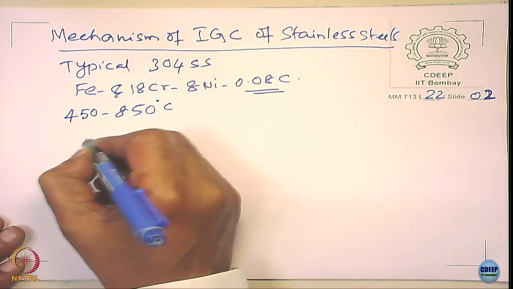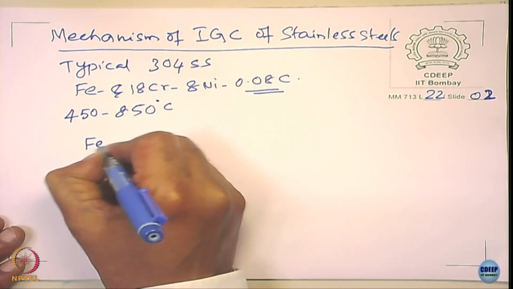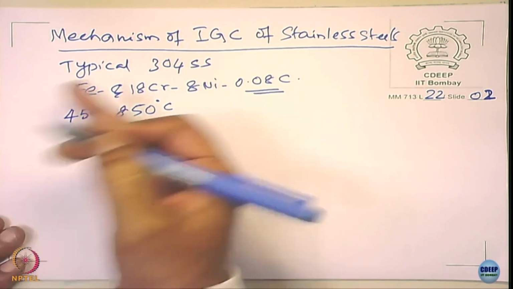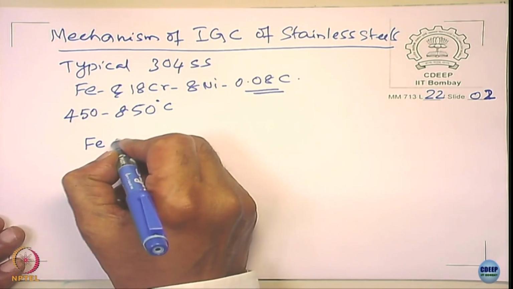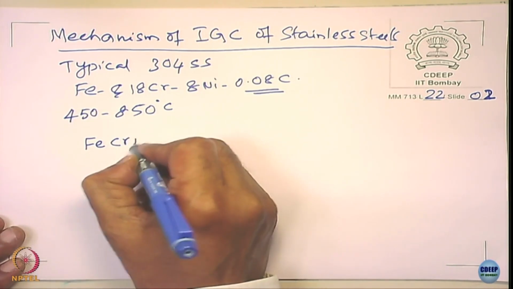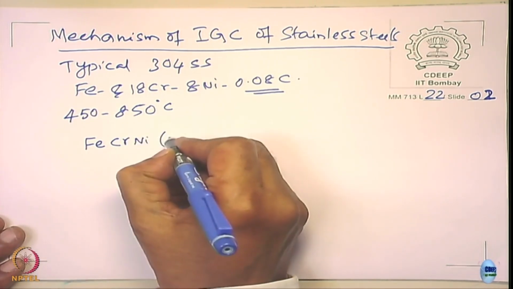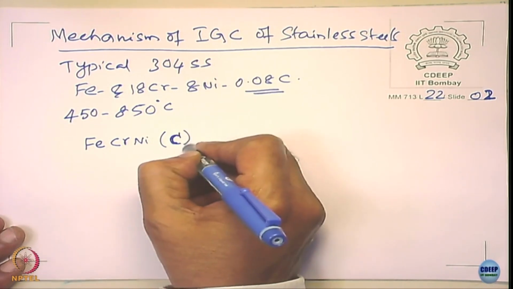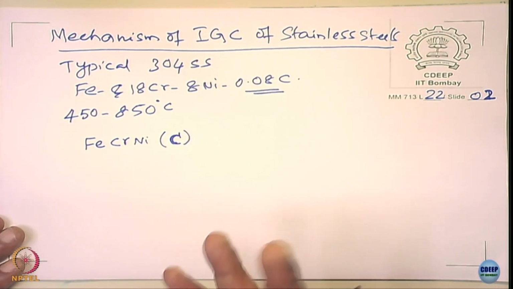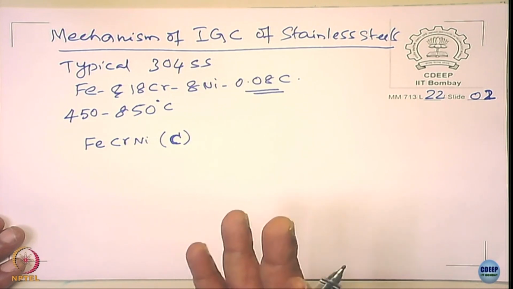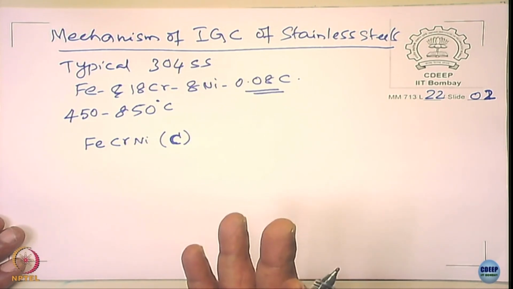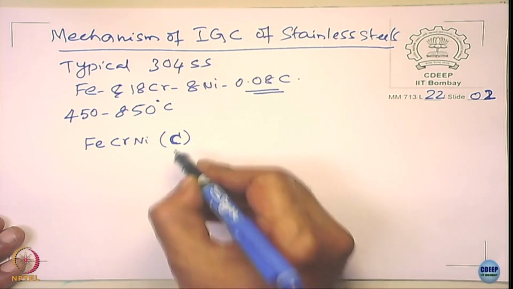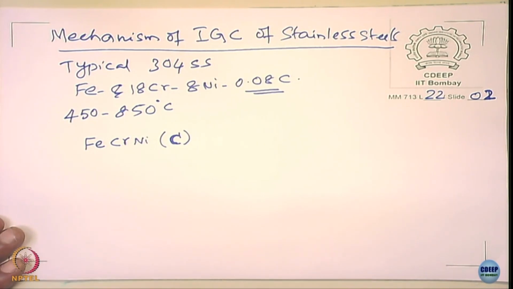In the stainless steel you have iron, chromium and nickel, and there is carbon. Please notice I put carbon within the bracket because it is a small quantity, and in fact it is in the solid solution, mostly in the interstitial positions.